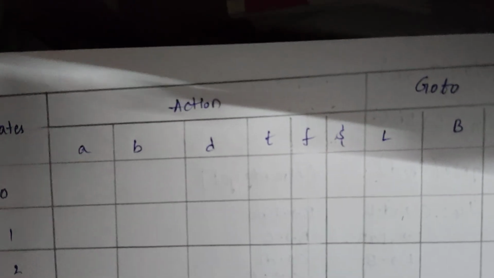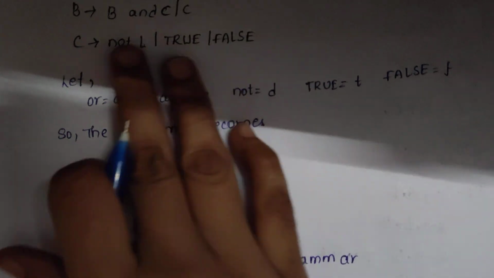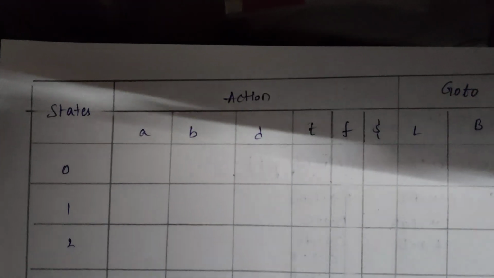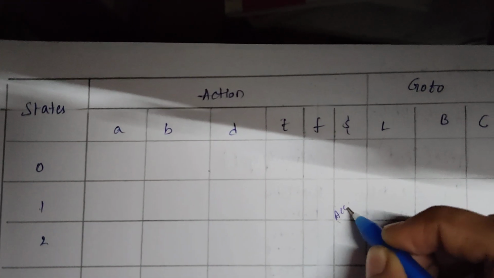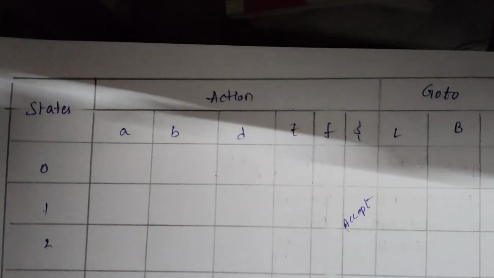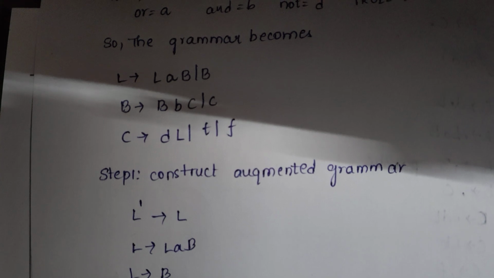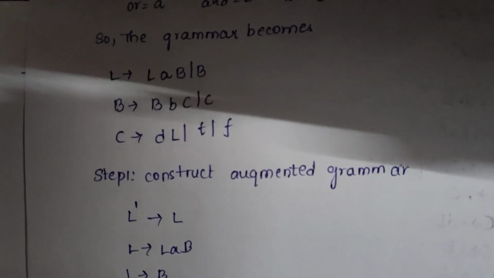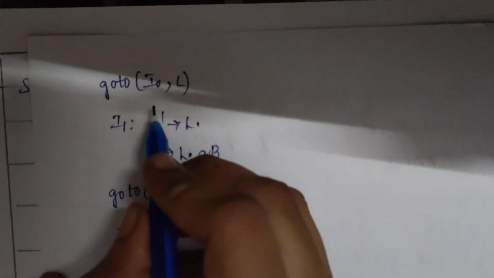So just see here. First one and dollar is always accept. Okay, keep it in mind. Next, go to the predictions. Go to the go-tos. Means what is the first go-to we have?